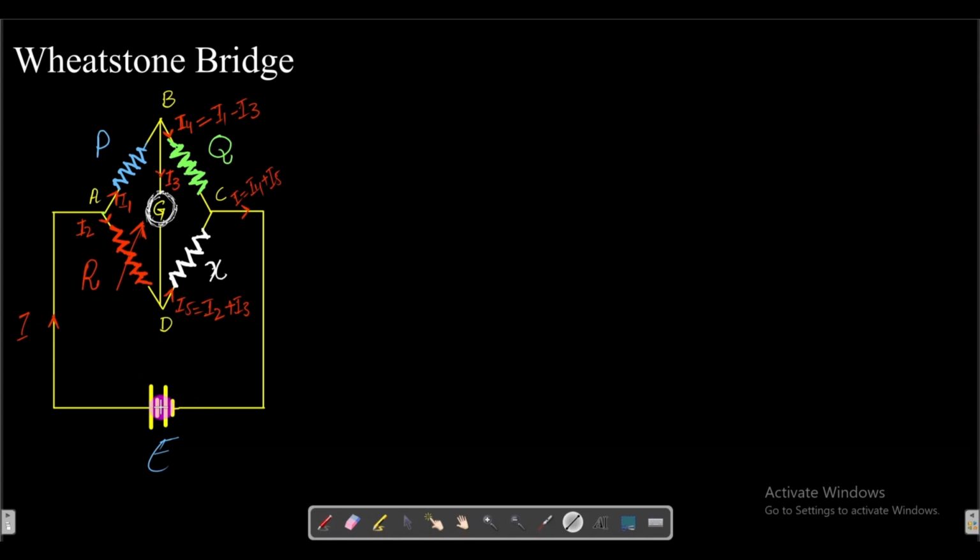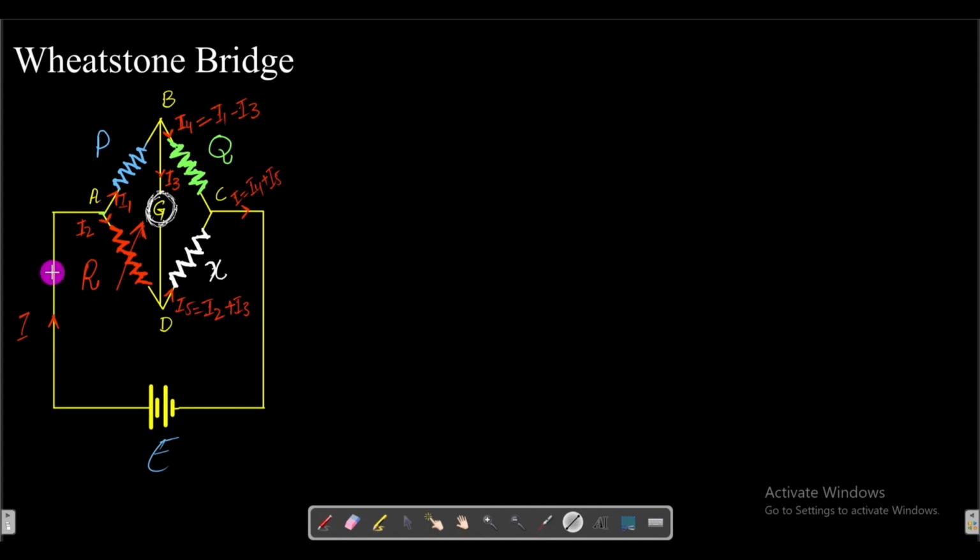Due to the potential difference, an electric field is developed inside the conductor throughout this bridge, and due to that electric field, the force F will be exerted on the electrons, due to which current is flowing in this way. So here we have the current I flowing in this conductor.